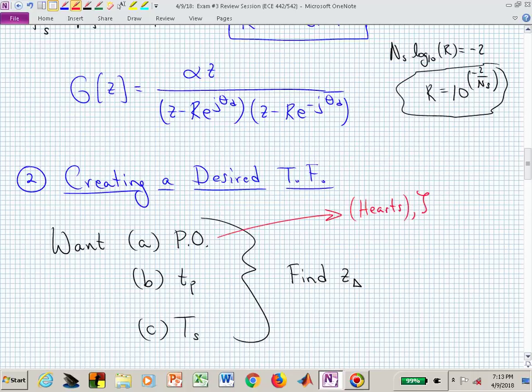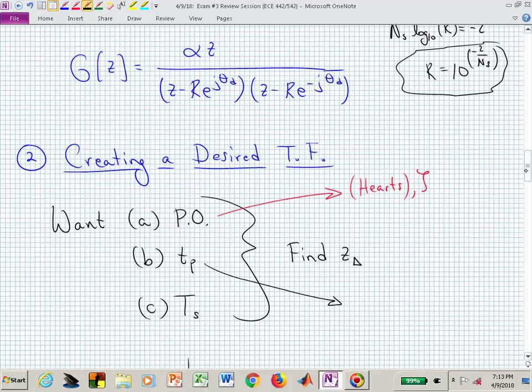If you're given the time to peak, what shape does that give rise to in the z-plane? Do you remember? And if you don't, you need to know by Wednesday.